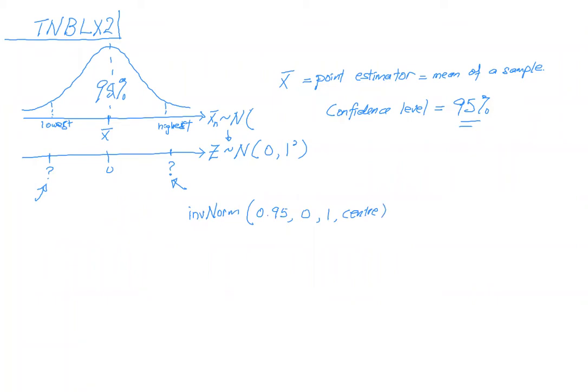If without that, what should you do? You should put inverse norm, 1 minus 0.95, divided by 2, comma, 0, comma, 1.